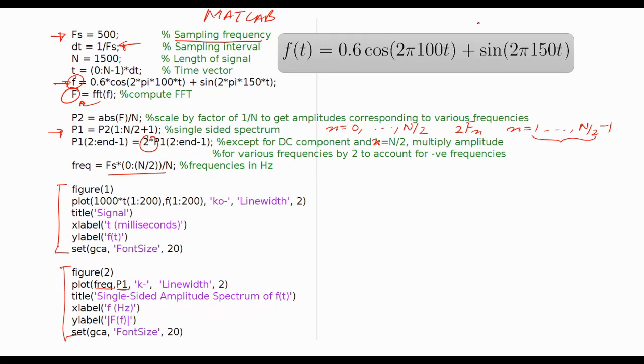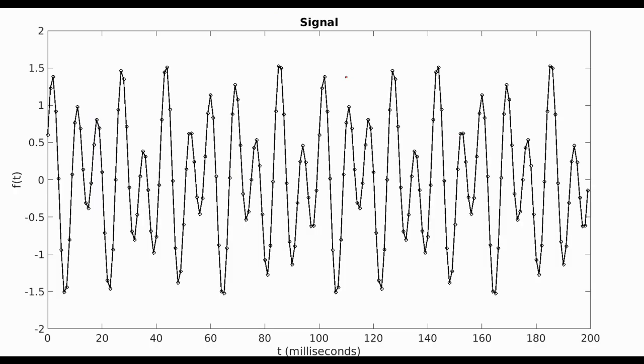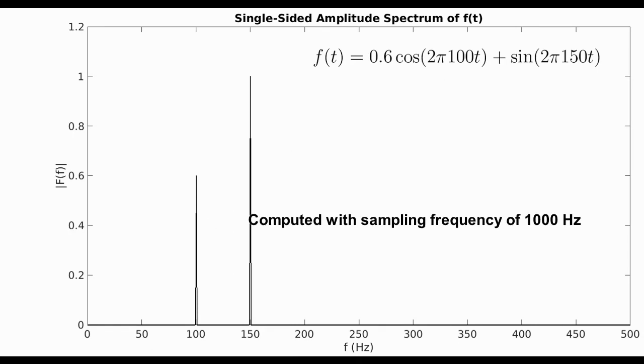Let's look at how the DFT of this signal looks, and we have computed this DFT using the FFT algorithm. So this is a part of the signal that has been sampled at these discrete times, and if we look at the FFT along with the corrections that we have done, that is, we've multiplied the coefficients going from 1 to N by 2 minus 1 with a factor of 2, what we get are two discrete peaks at frequencies of 100 Hz and 150 Hz, as we would expect.